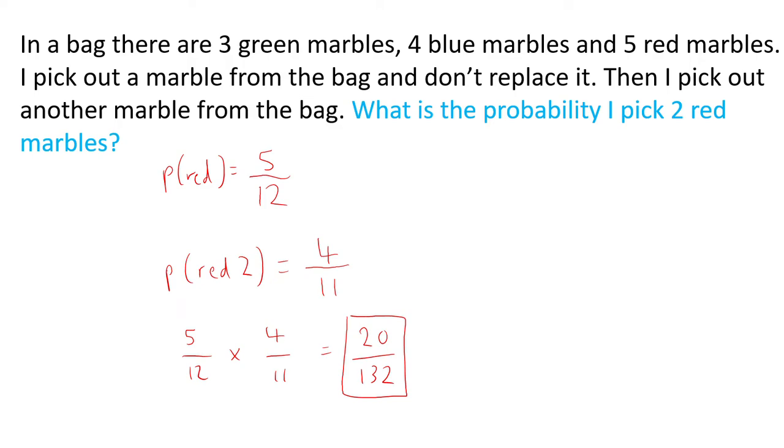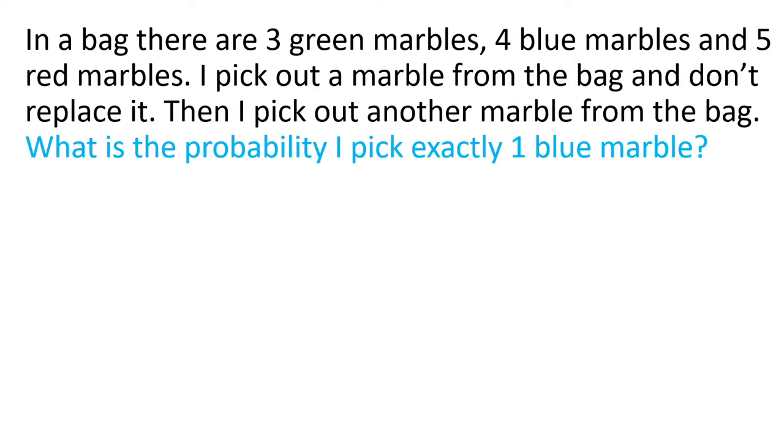Okay, second question. This one's more tricky. So same scenario, but we want the probability of picking out exactly 1 blue marble. It's a bit tougher. So let's list out all the combinations we could have if we got 2 marbles.